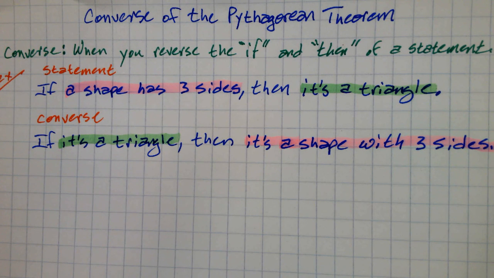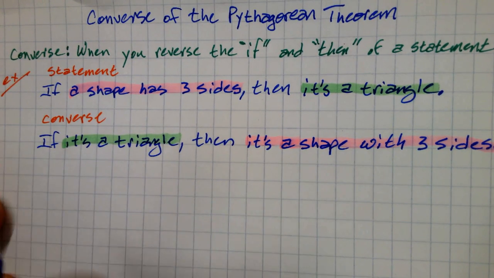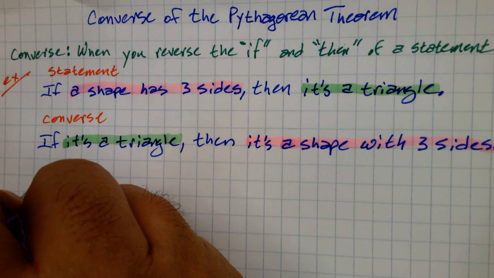That's the Pythagorean theorem. You start with a right triangle, then you get this relationship between the sides, a squared plus b squared equals c squared. Well, if we reverse that, we have the converse of the Pythagorean theorem. Let's just write that down.